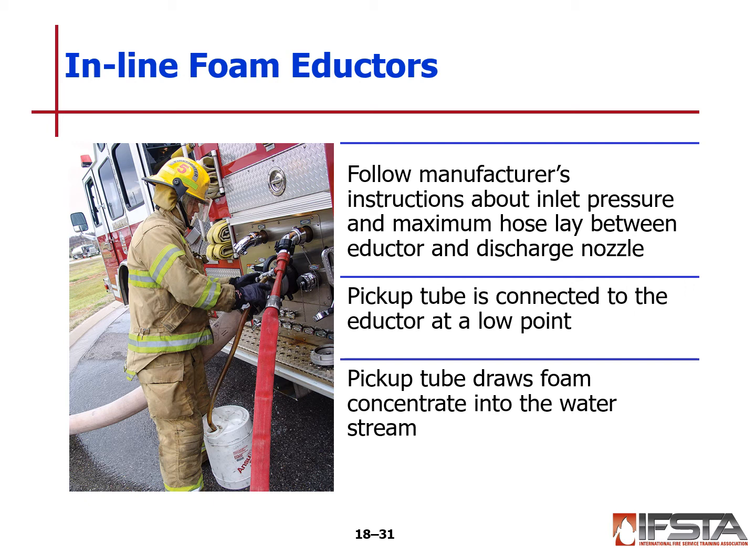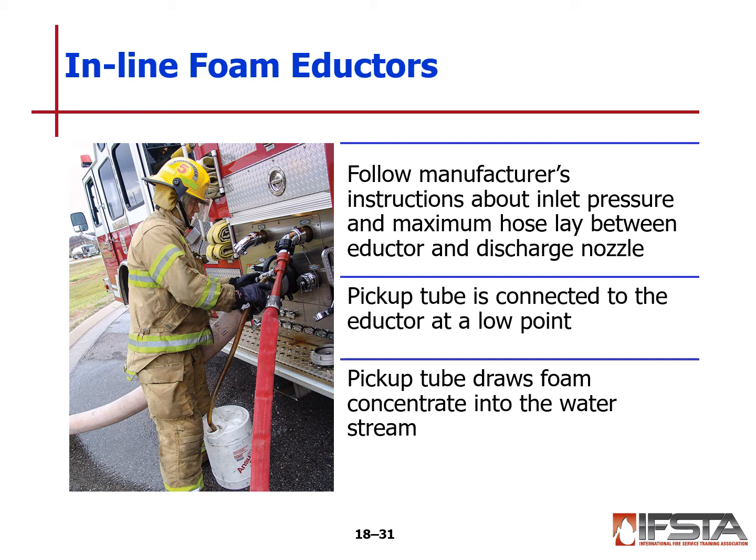With these, we need to follow the manufacturer's instructions about inlet pressures and your max hose lay between eductors and the nozzle, because it does make a difference in getting the right percentage of foam that it will generate.